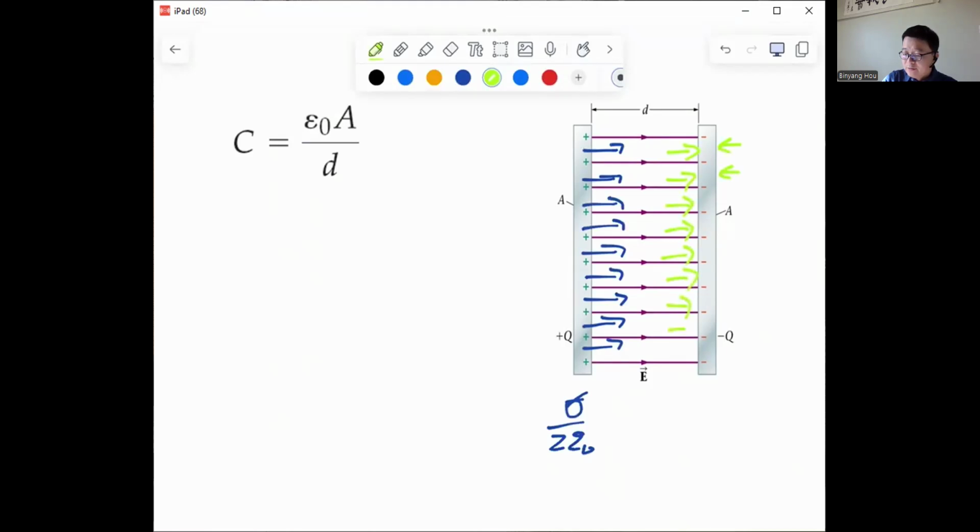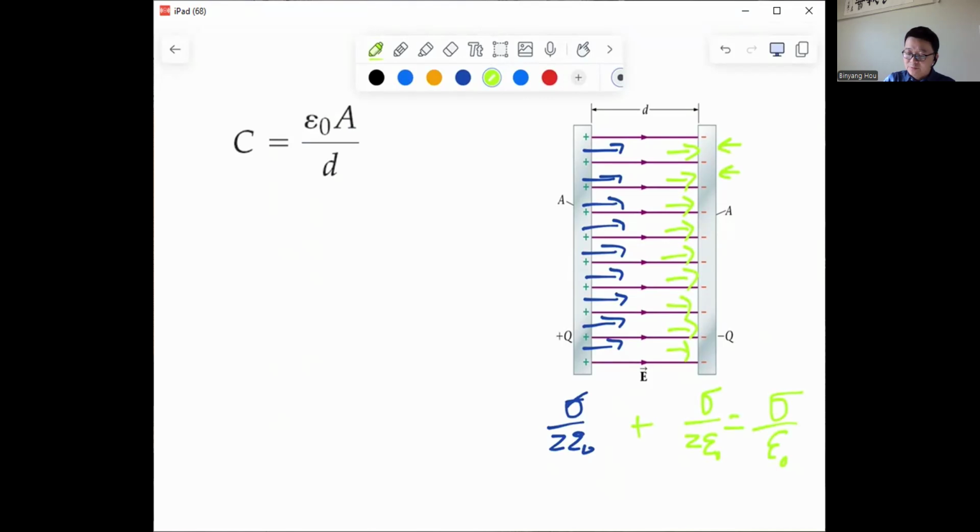It'll just be a different sign, but again sigma divided by 2 epsilon naught. These two will add up because they are pointing in the same direction, so at the end you'll get sigma over epsilon naught for the electric field inside the two plates.